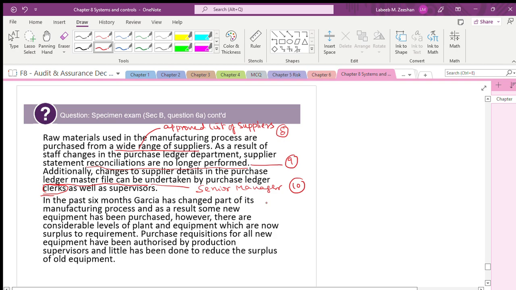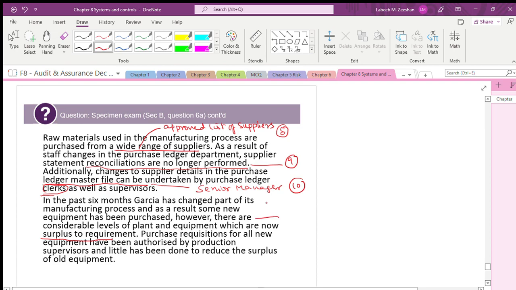In the past 6 months, Gracia has changed a part of the manufacturing process, and as a result some new equipment was purchased. However, there are considerable levels of equipment which are now surplus.